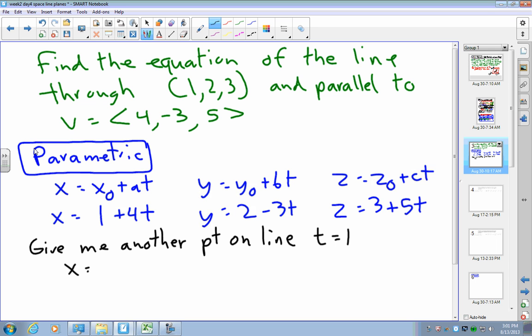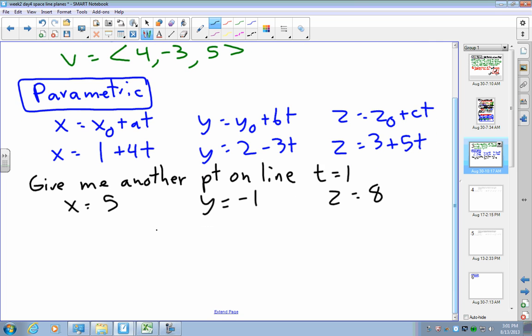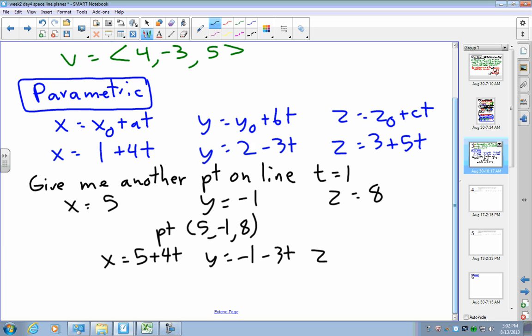X would be 5. Y would be 2 minus 3 times 1, which is negative 1. And z would be 3 plus 5, which is 8. So if I want, I could use the point 5, negative 1, 8, and I could create a whole new set of equations for the same line. I could say x equals 5 plus 4t, y equals negative 1 minus 3t, and z equals 8 plus 5t.